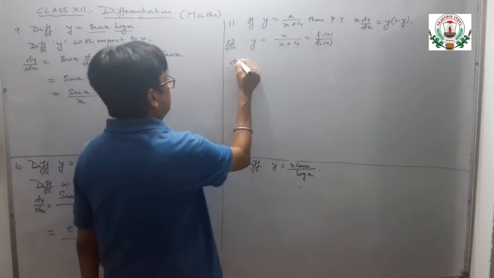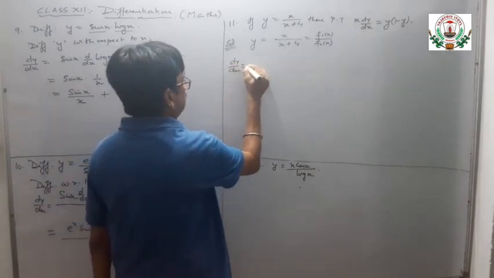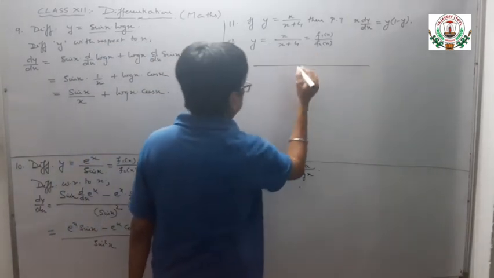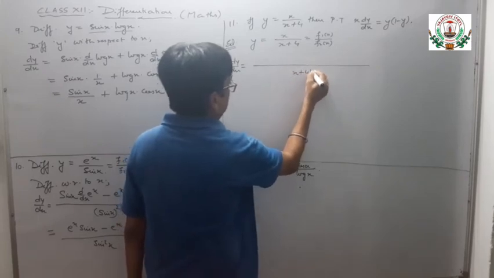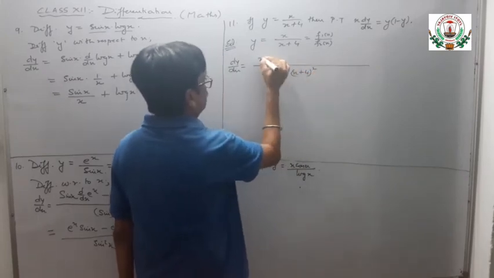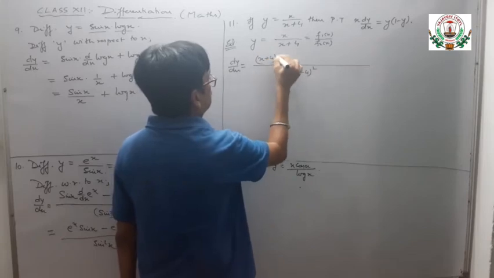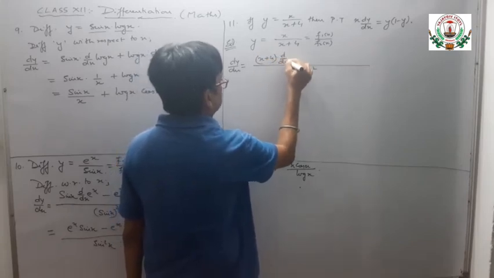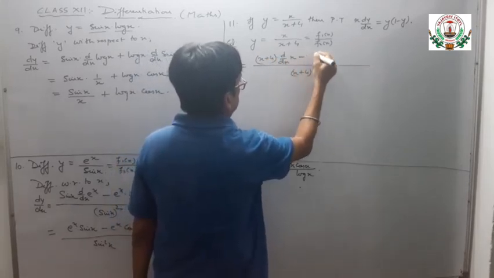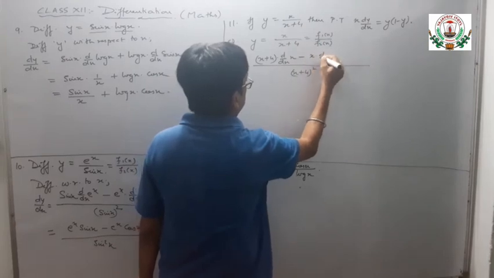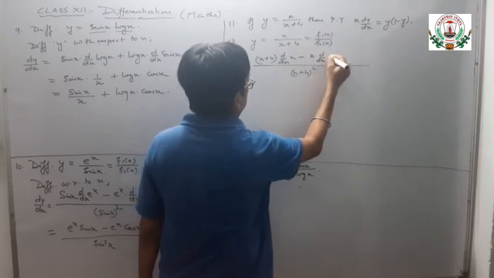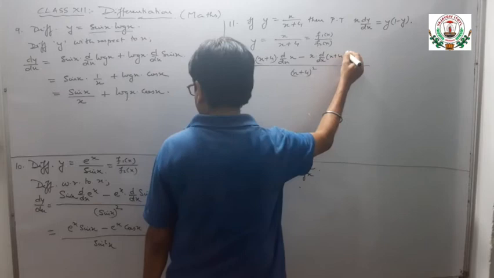So dy by dx will be equal to, denominator function x plus 4, take the square of it, second function into differentiation of first function minus x into differentiation of the denominator function.